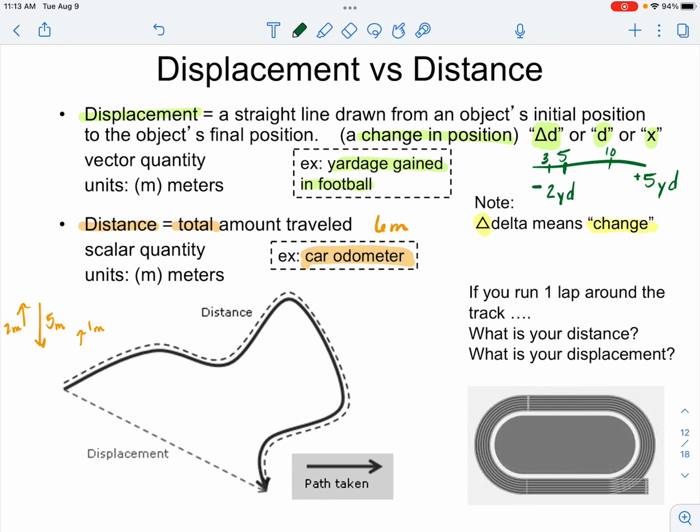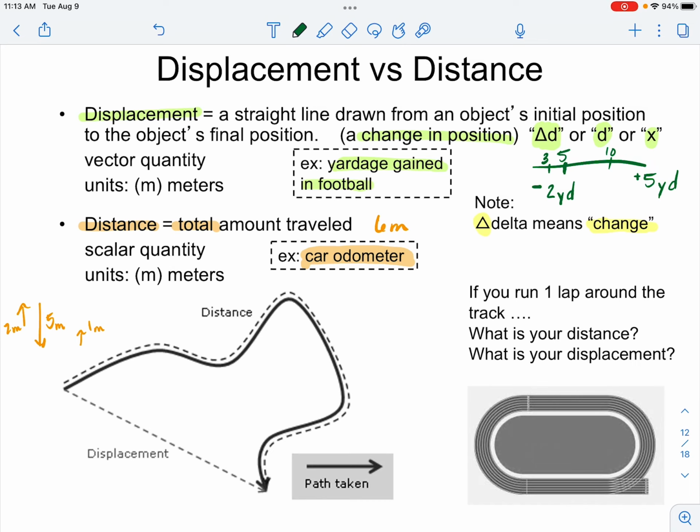So if you've ever watched a game and a team has negative yardage, that means they're moving the wrong direction on the field instead of going the correct direction, right? That's a bad game if we're in negative yardage. So when we talk about displacement, we can have either positive or negative numbers because it's from beginning to end with that direction in mind.